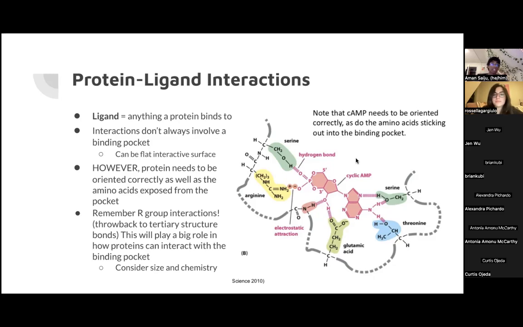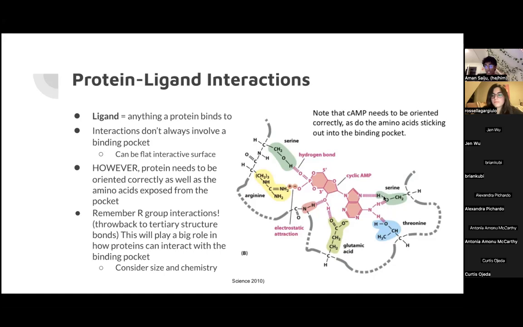So again, the key thing to take away here is that the chemistry of the bonding needs to be correct, and that comes via the chemistry of the amino acids involved in that binding process, as well as their physical structure, right?